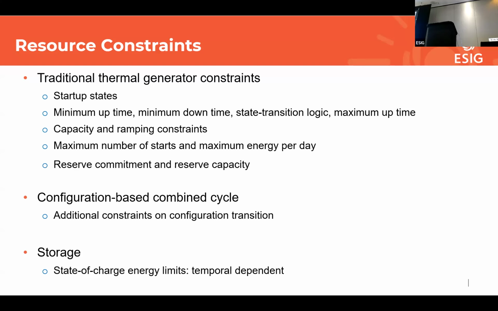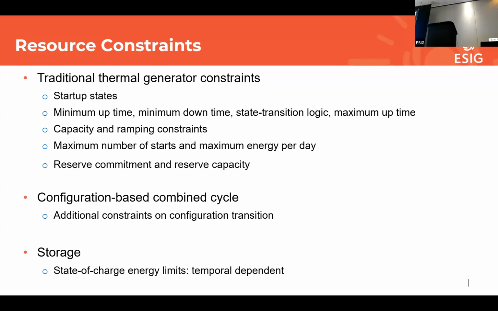In some ISOs, they also have another complexity. For example, California ISO, ERCOT, and SPP have configuration-based combined cycle models. Basically, a combined cycle plant could have multiple combustion turbines and a steam turbine, and the steam turbine is fueled by the waste heat from the combustion turbine, so there's a dependency.